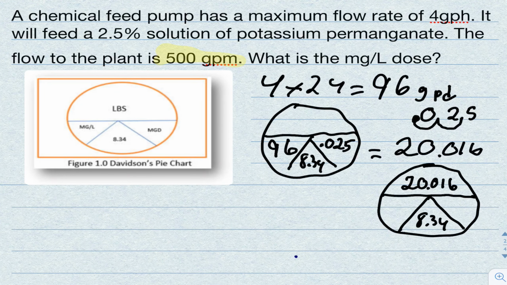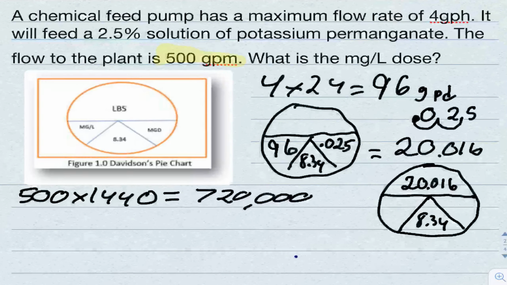Now let's change that into MGD. So to do that, we have our 500 gallons per minute times 1440. That's how many minutes are in a day. And we come out with 720,000. Now the MGD is going to be 0.72.